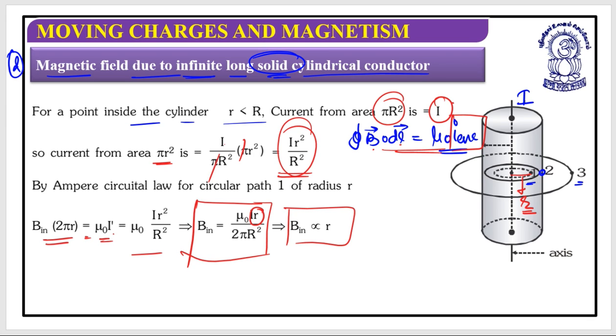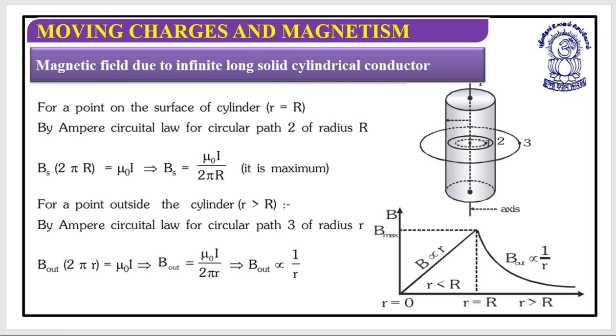Is it clear? Great. Let's look at the magnetic field for point 2 and point 3, and discuss their geometrical representation. It's the magnetic field due to an infinite long solid cylindrical conductor. We are continuing, and now we look at point 2 on the surface and point 3, which is outside the cylinder.